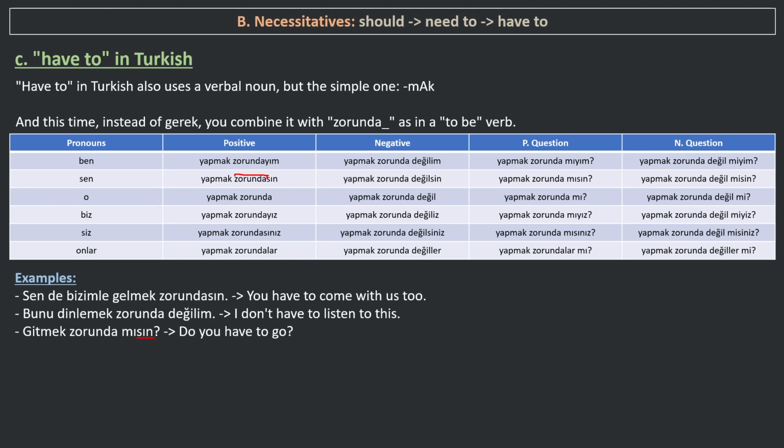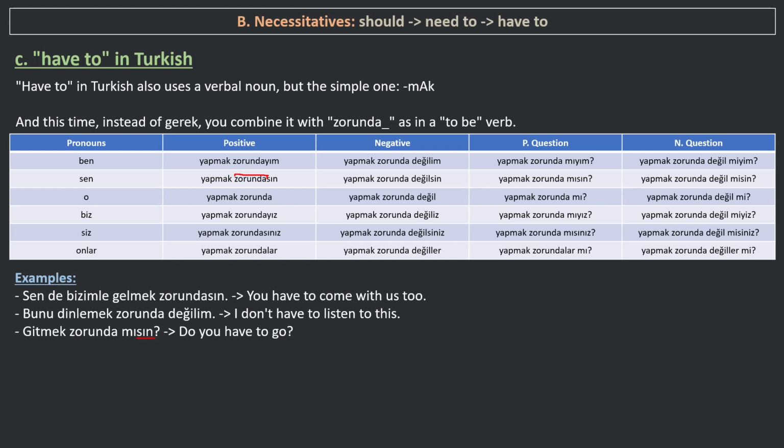Kek yapmak zorunda mıyım? Pastaneden alamaz mıyız? Mıyız is separate but correct. Her zaman, every time, başkalarının söylediklerini yapmak zorunda değiliz. Negative sentence, so we don't have to do what? Yapmak. We don't have to do, okay, do what or do not what?